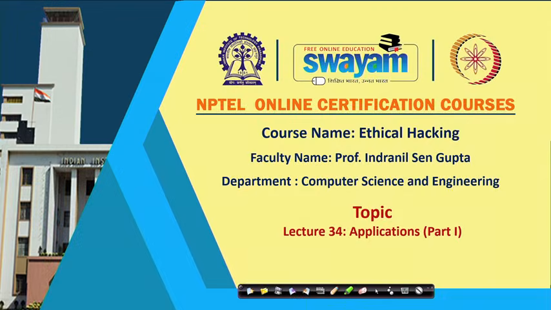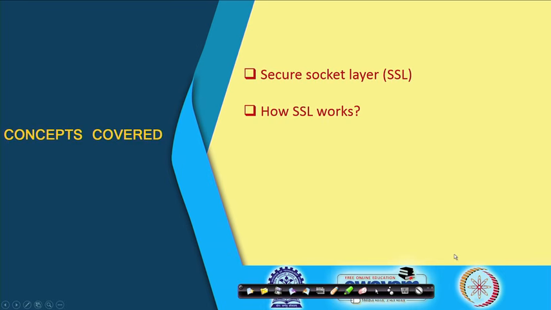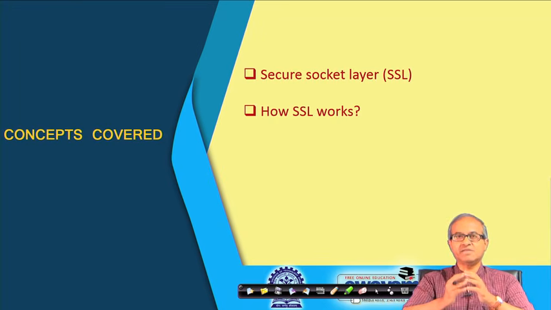In this lecture, which will be part 1 of the applications, we shall be talking about something called secure socket layer or SSL, and we shall see how SSL works.